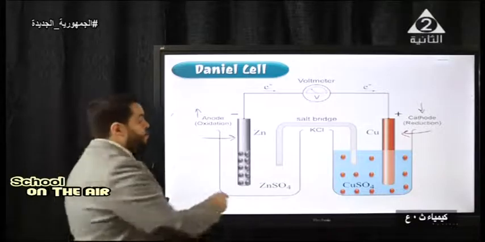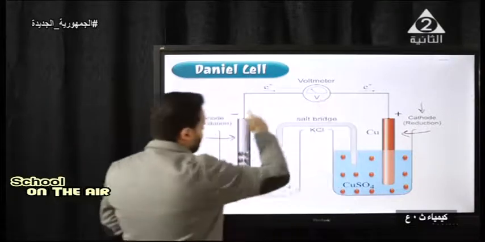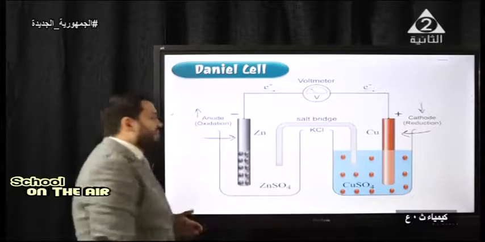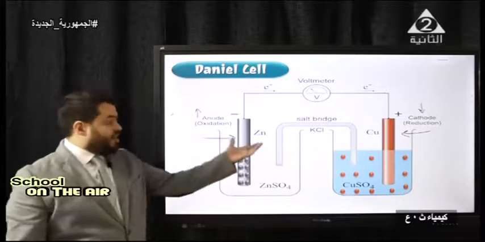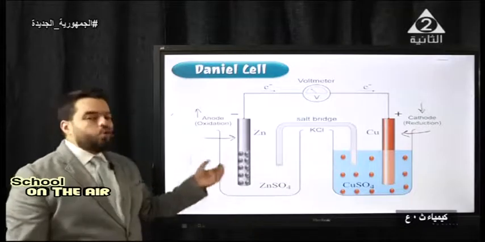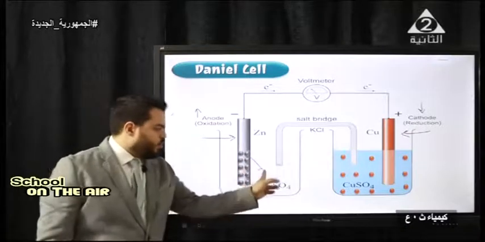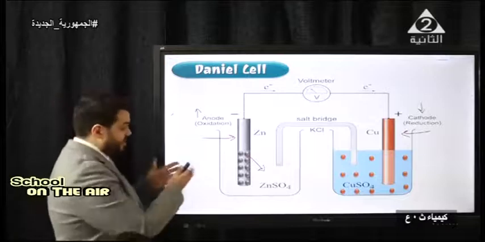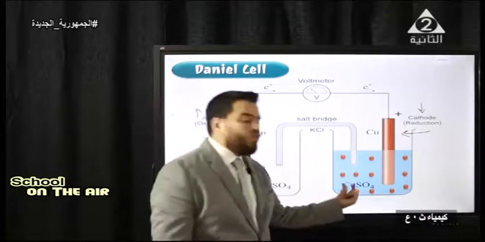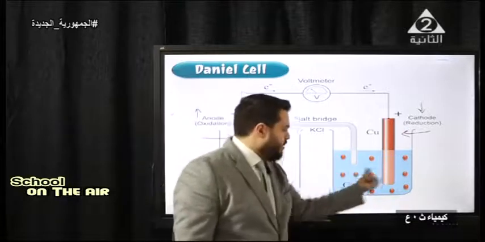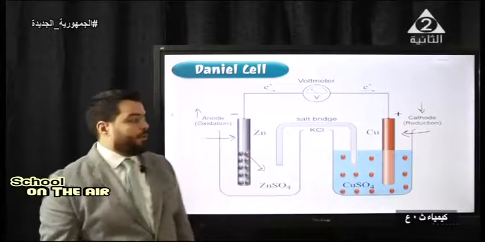Okay? And if you connect both of them together, you will get a spontaneous redox reaction. The anode, which is zinc, is going to dissolve in the solution. So you are going to change the zinc into zinc positive ions. And copper positive 2 that is in the solution will deposit on the copper plate.